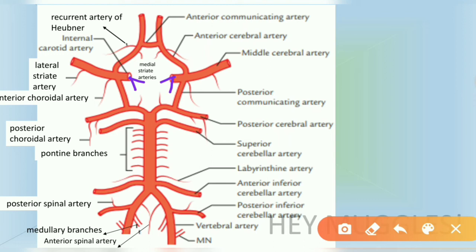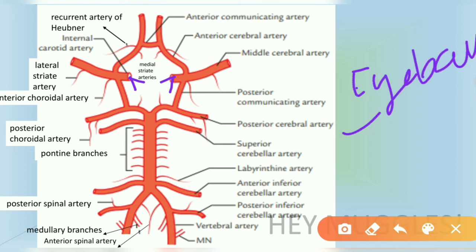The ophthalmic artery arises from your internal carotid artery immediately after it comes out of your cavernous sinus, right? It is a very important artery as it supplies the structures of your orbit, including your eyeball, right? So the ophthalmic artery arises from your internal carotid artery.